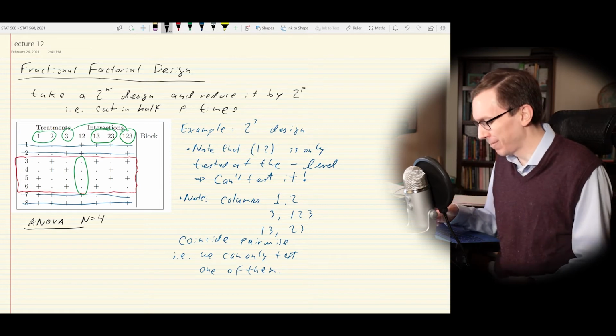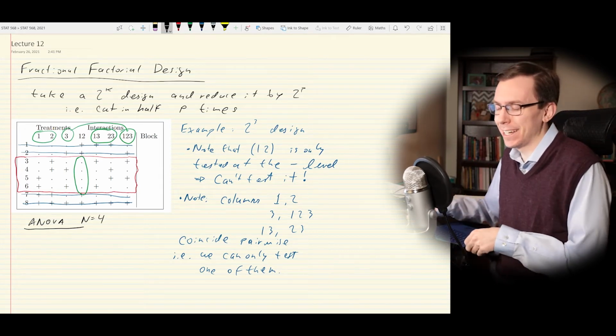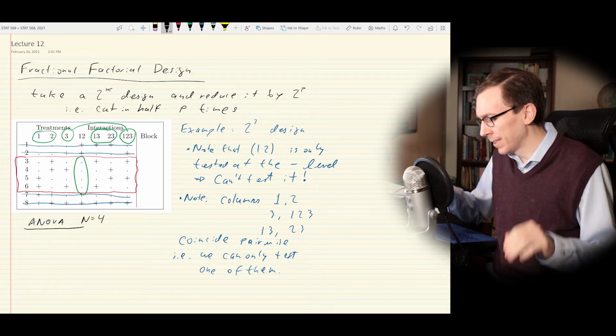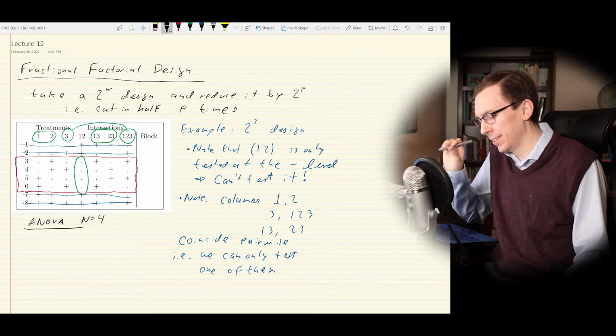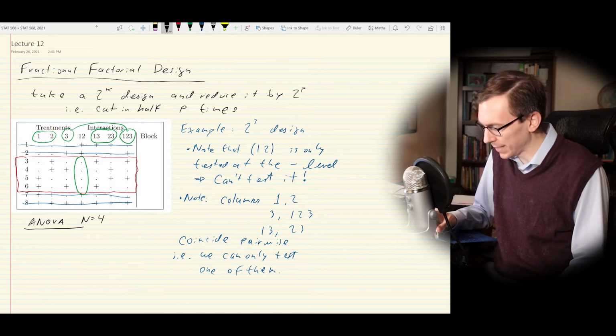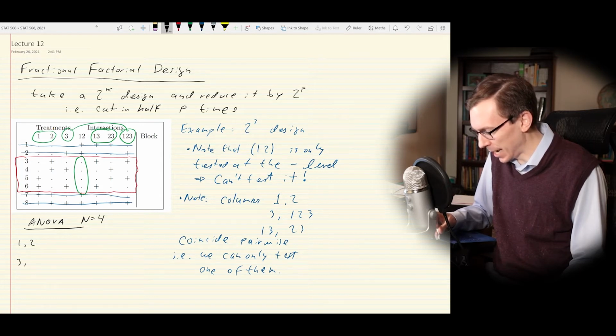But ignoring that, because you could replicate a fractional design to get more degrees of freedom, but forgetting that for the moment, the point is that we can only estimate 3 things, and what we get is a 1, 2, a 3, 1, 2, 3, and a 1, 3 and a 2, 3.